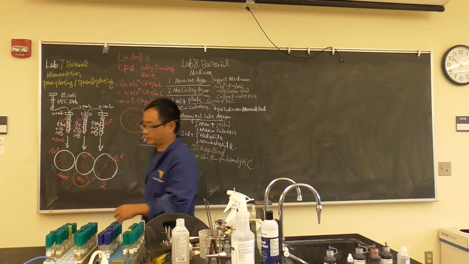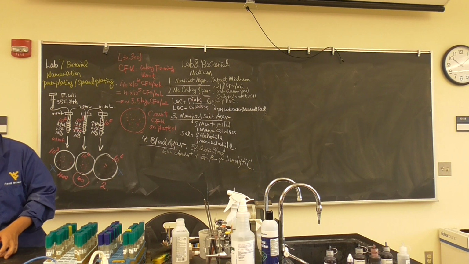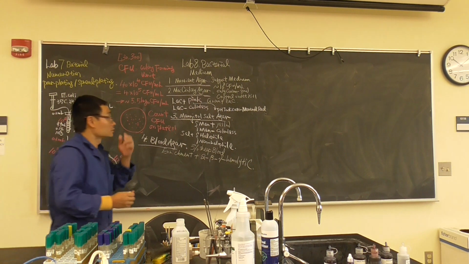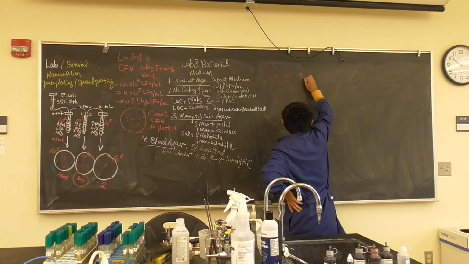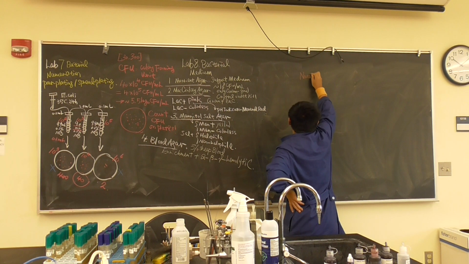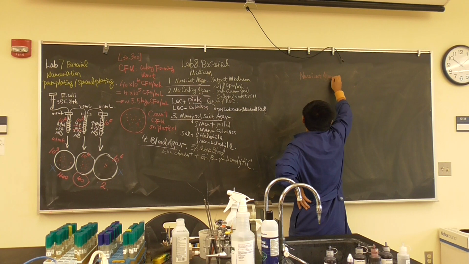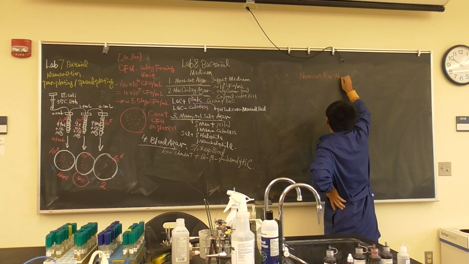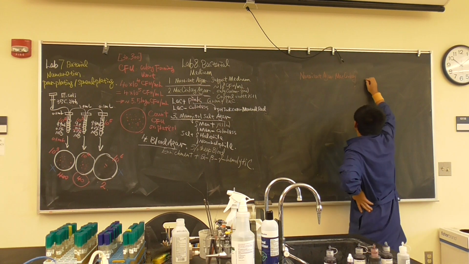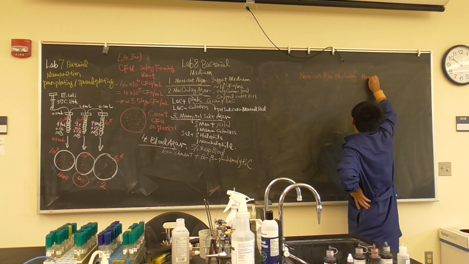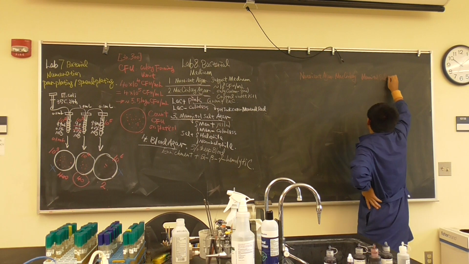Okay, we have a table. We want to talk about some of the results. Not all the results are perfect. Okay, we have nutrient agar, MacConkey agar, mannitol salt agar, and the blood agar.